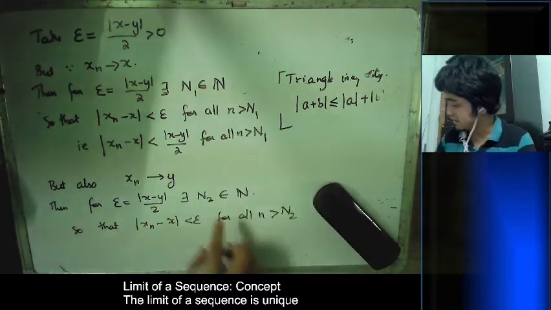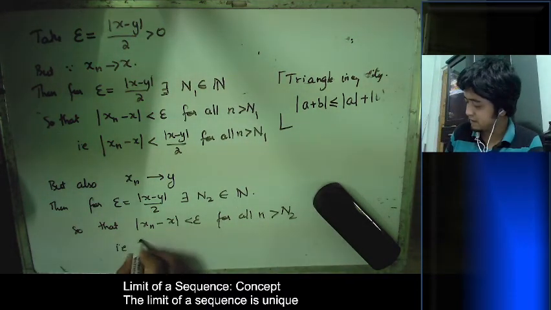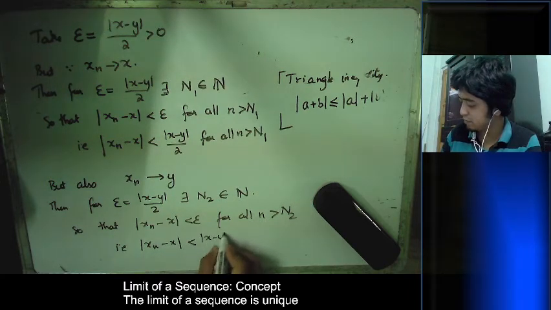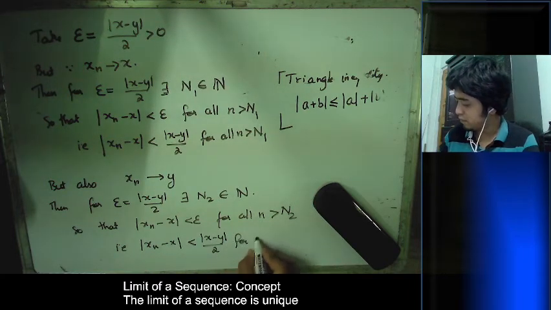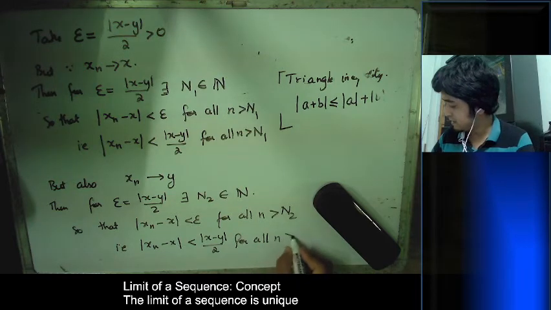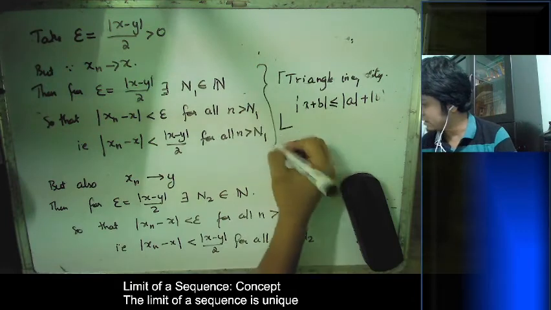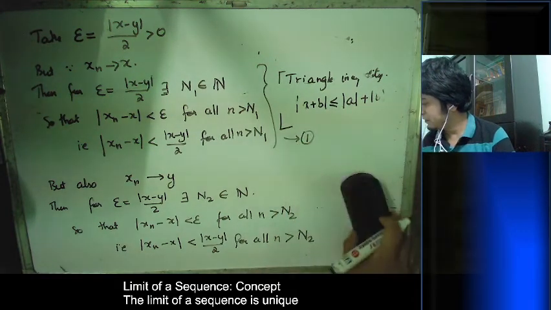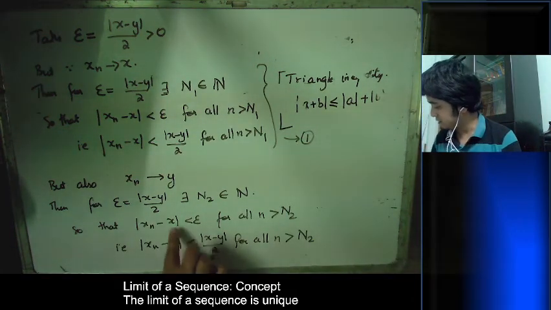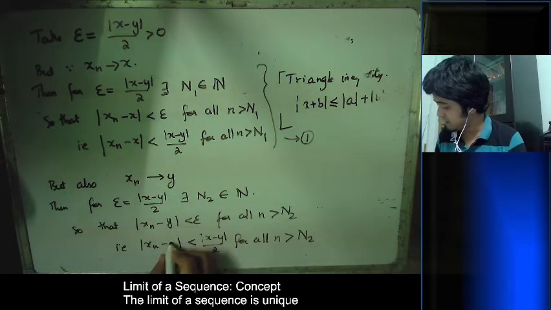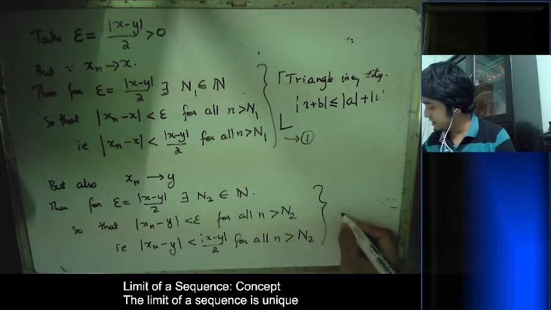So over here it's n1, that is |xn minus x| less than (x minus y) upon 2 for all n greater than n1. I will keep this one as equation 1. Sorry, this one it's y: xn converges to y. I will keep this one as 2.